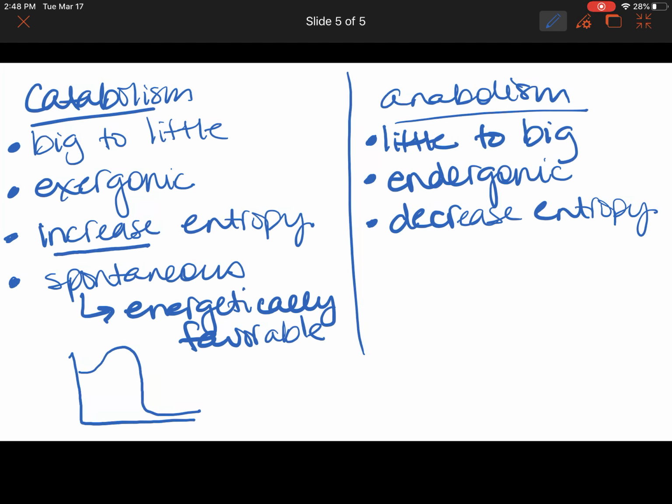On the other hand, if you take a big protein and you break all of the peptide bonds and release the amino acids, we are increasing the disorder, increasing the entropy.